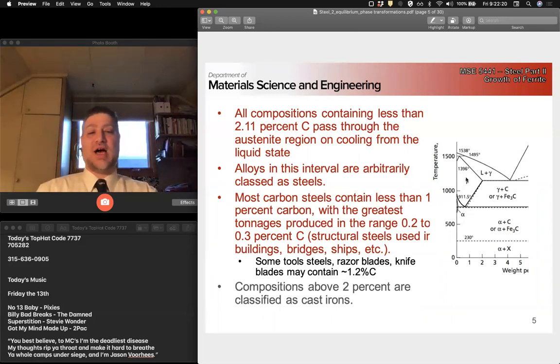Most of the time we're doing some kind of heat treatment process where we're holding in the austenite gamma phase field for an extended period of time before coming down.